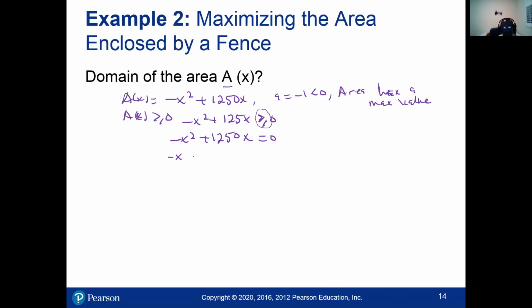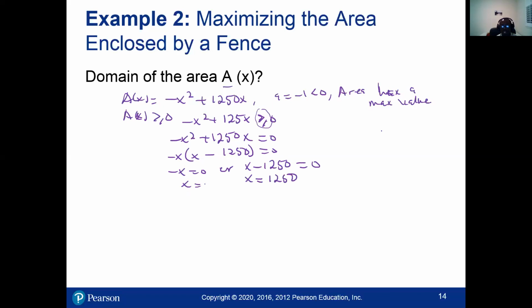That gives me negative X times X minus 1250 equal to 0. So then you have minus X is equal to 0, or X minus 1250 is equal to 0. And that gives me X is equal to 1250, and X is equal to 0.